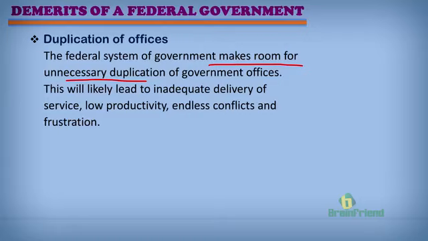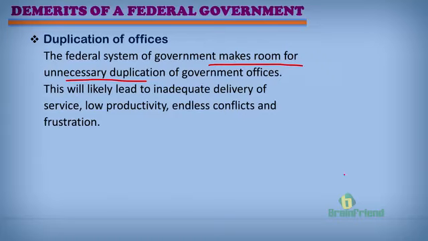Why? As a result of duplicating these government offices, it might be very difficult for people to be held responsible for one inefficiency or one lapse that might occur in the government. Now take, for example, something goes wrong, and this ministry says, no, it's not supposed to be us. It's supposed to be the other ministry from the central. Do you understand?